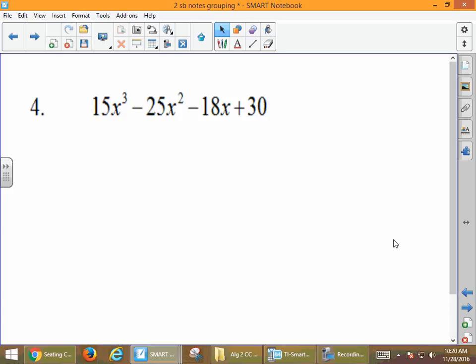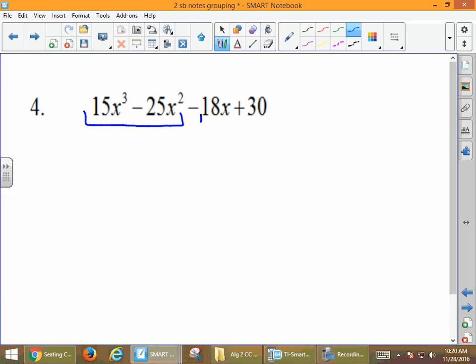Again, when we start these problems, we need to notice that there are 4 terms. When we see 4 terms, that should signal to us that we need to group. When we group on this particular problem, we need to at least overall glance and go, do we have a greatest common factor in everything?